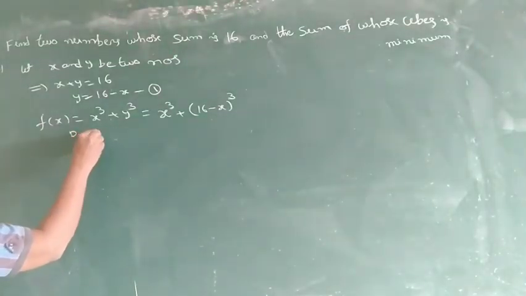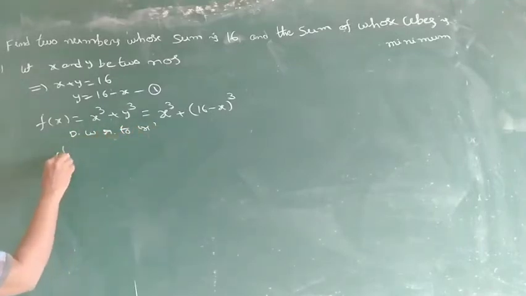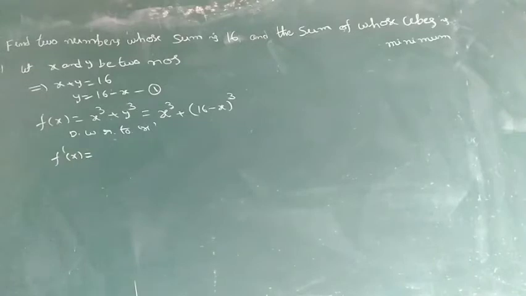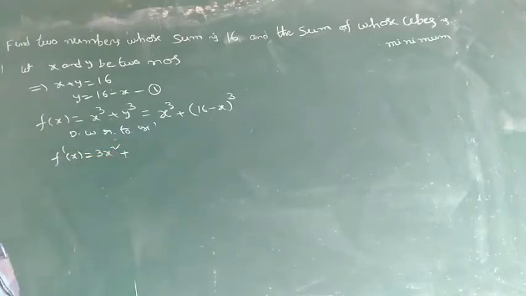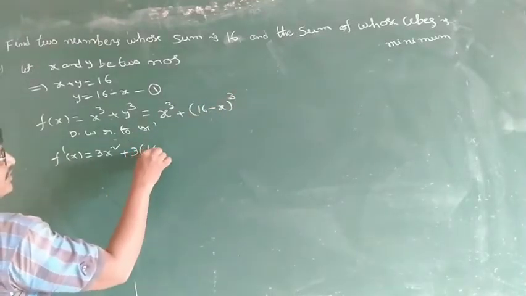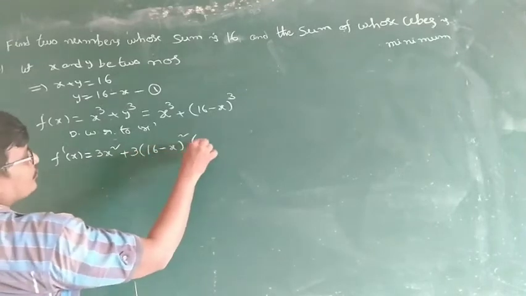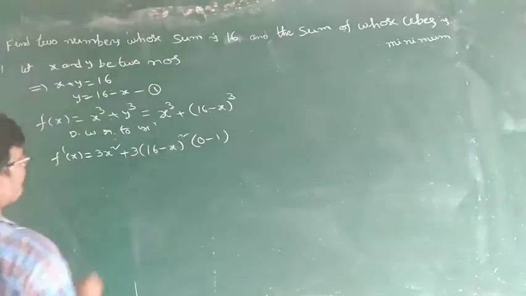Derivative with respect to x, f dash of x: derivative of x cube is 3x square. Then (16 minus x) whole cube, derivative 3 into (16 minus x) whole square into derivative of 16 minus x, which is 0 minus 1.